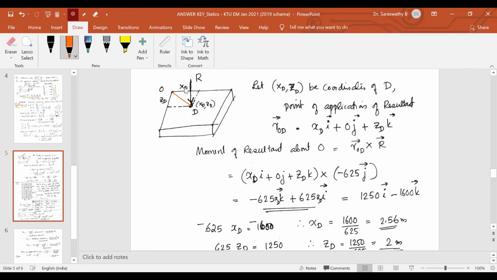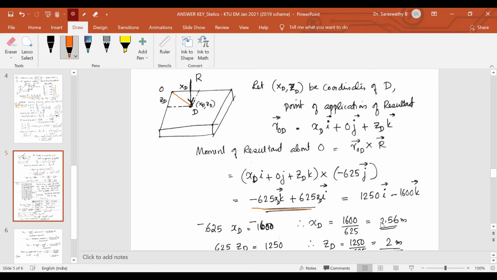Now take the moment of this resultant about O, that is equal to the position vector OD cross R. R we have got as 625J. So I cross J is K, and ZD K cross J is minus I. So we get the product as this. The moment of the resultant is this value.